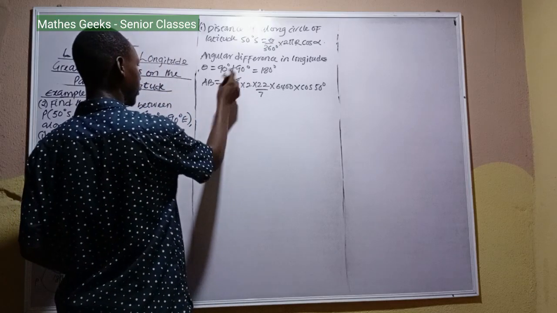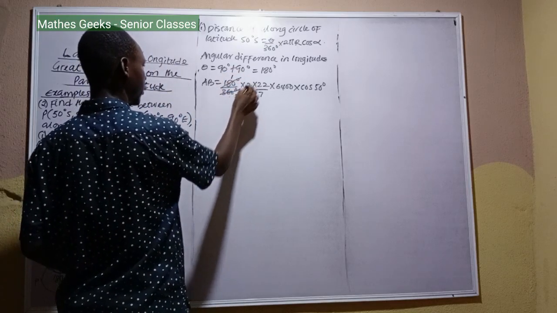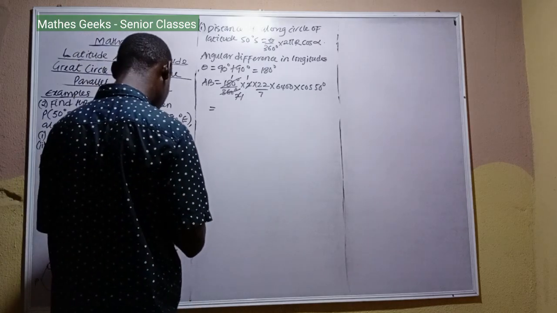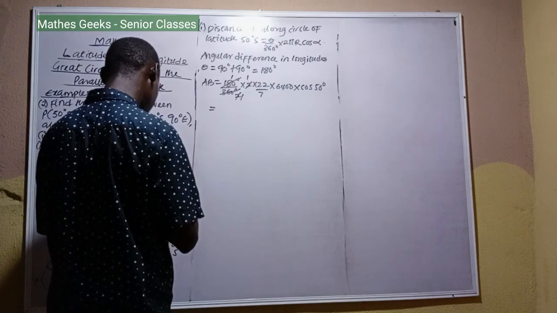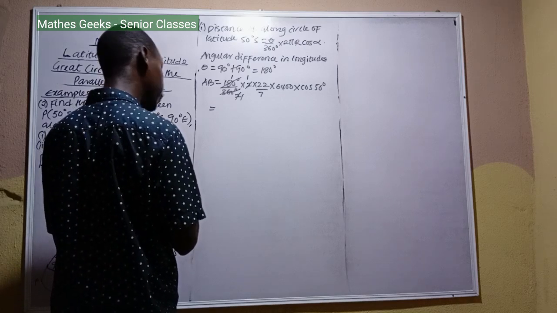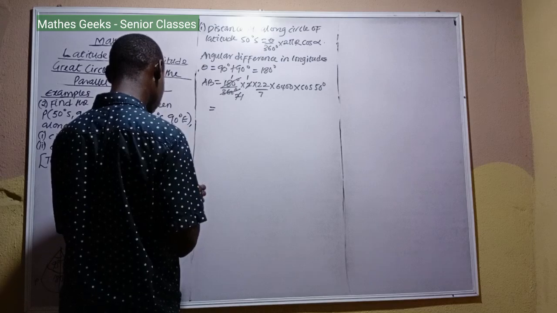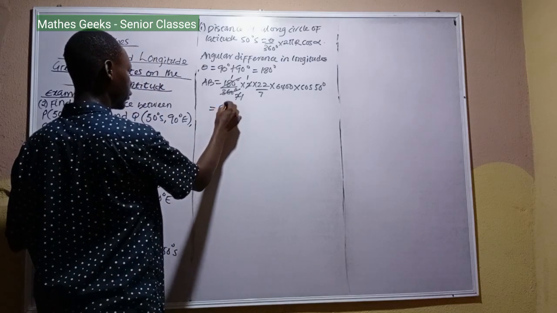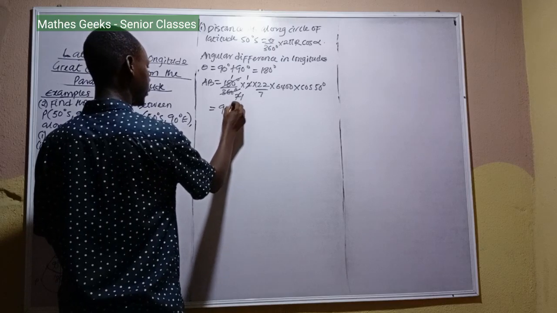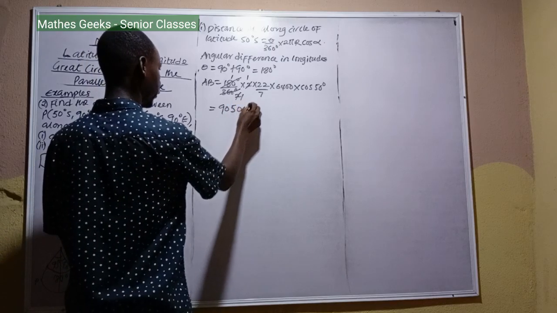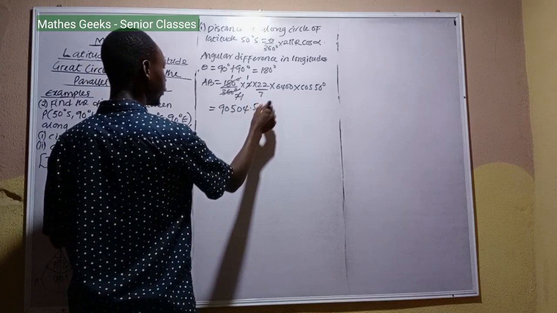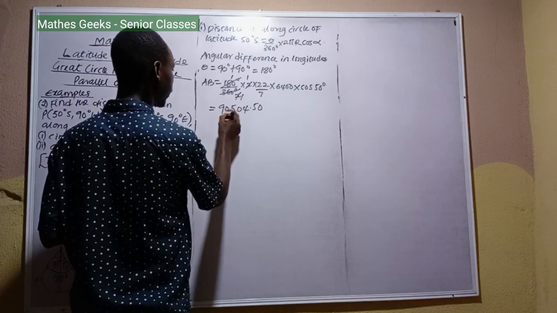The 180 cancels with 360 leaving 2, and 2 cancels with 2. So we have 22 times 6,400 times cos 50 degrees, which is 90,504.50, divided by 7.